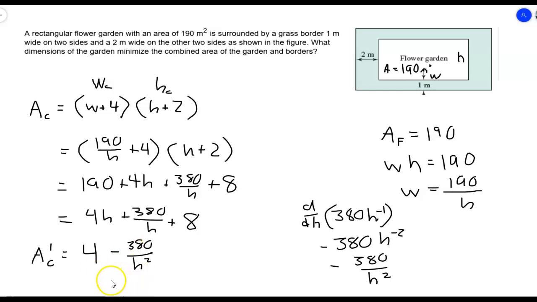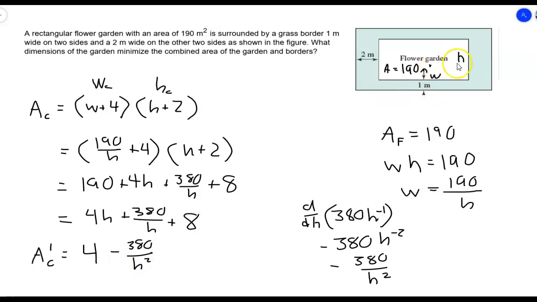So the only place this is going to be undefined is where we get a 0 in the denominator here. And we're not looking for a height of 0 because we need a positive height. So that means that we really only care about where this thing is equal to 0. And let's talk about the constraints real quick.